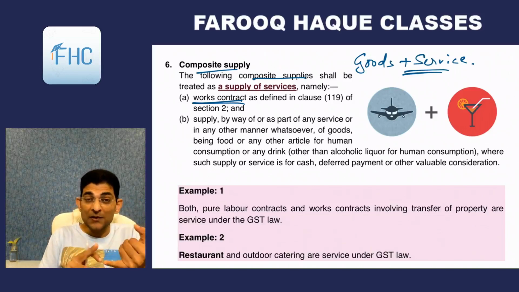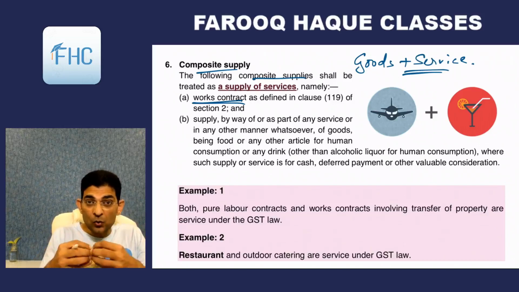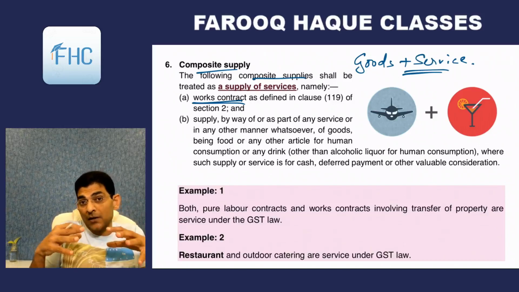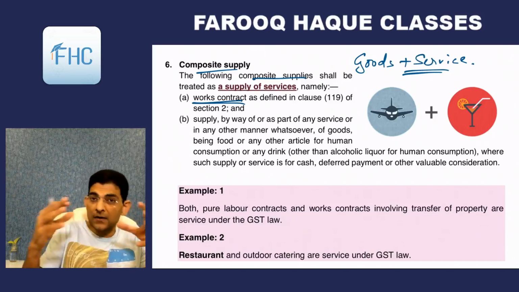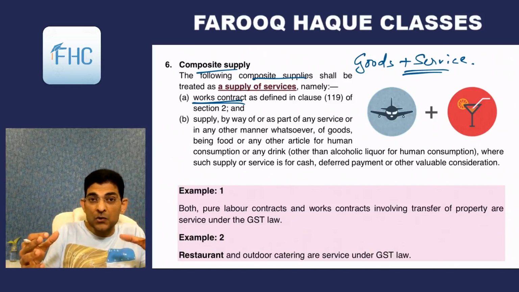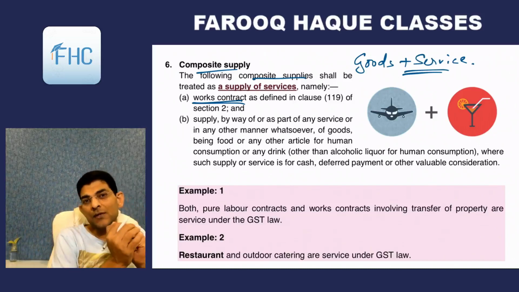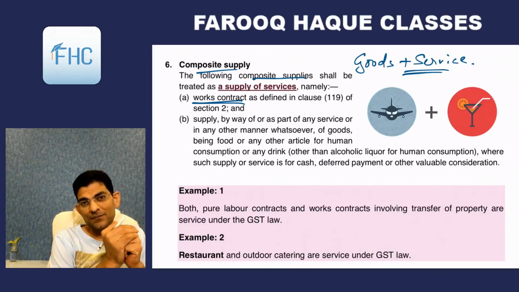Raw materials would be wood, upholstery, nails, screws, etc. These are all goods. For example, I use rupees 1 lakh worth of material, make the sofa set, and I charge 1,50,000 from you. So that whole 1,50,000 will be for supply of service.